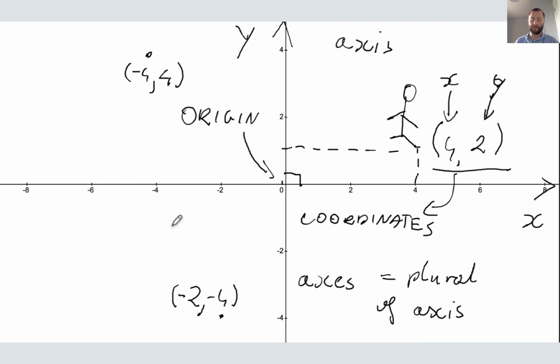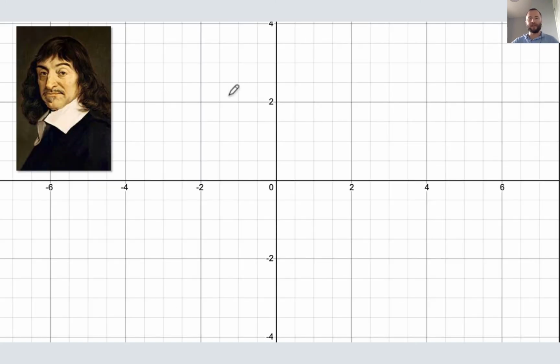in the coordinate system. The person who came up with the idea of the coordinate system is this gentleman in the left corner called René Descartes, and his name is spelled D-E-S-C-A-R-T-E-S, Descartes. And this last part of his name is what gives the name to the coordinate system.